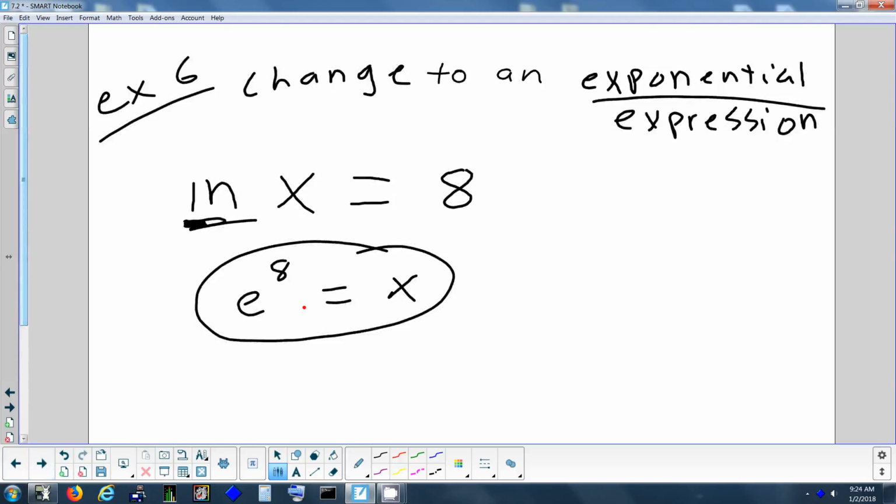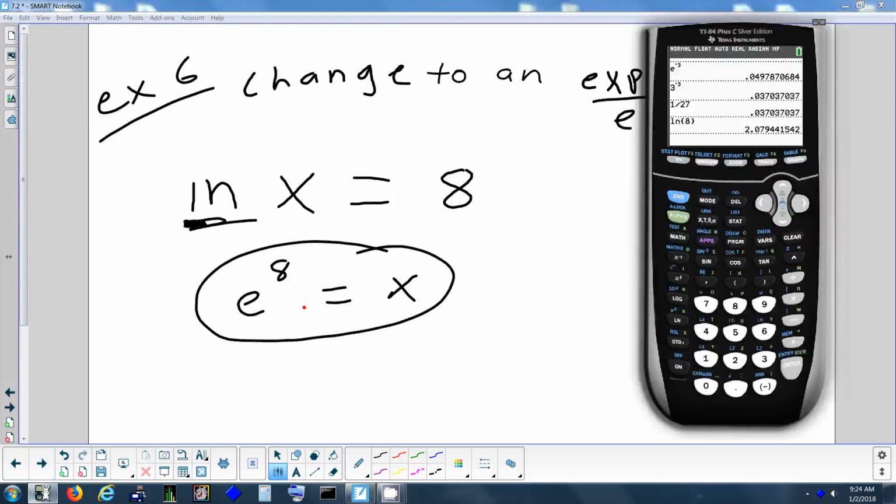Yeah. So it's different on every calculator. On mine, I press second E, and then I hit the exponent button, and I type in E. If you have a graphing calculator, you can do it exactly the same way. If you have a scientific one, I might have to take a look at it and help you out.